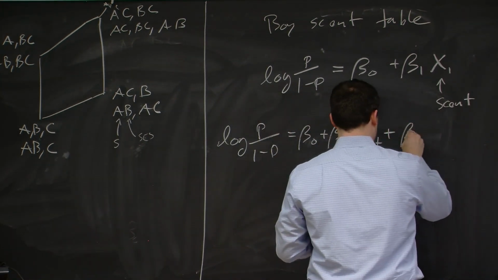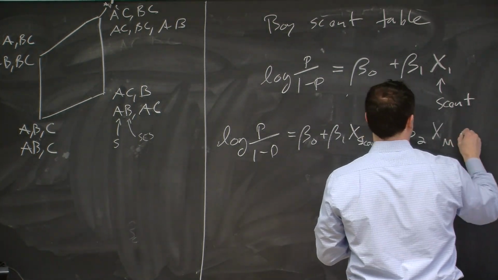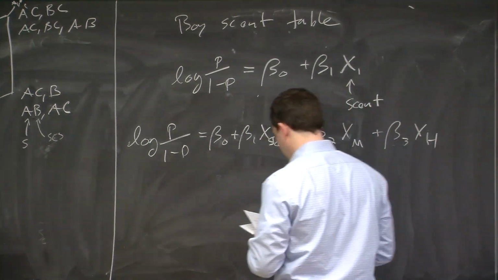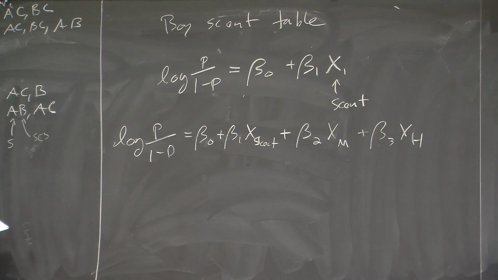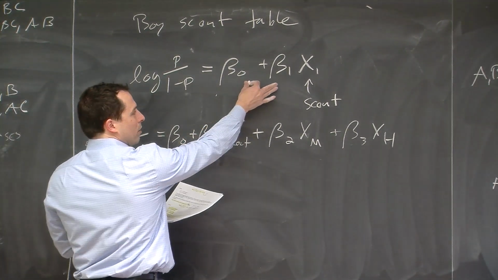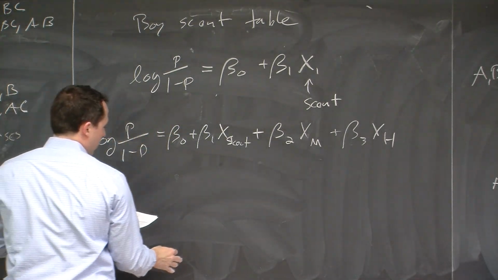And then we have these dummy encodings, beta 2 times medium plus beta 3 times high. So this one is the 2x2 scout marketing table.